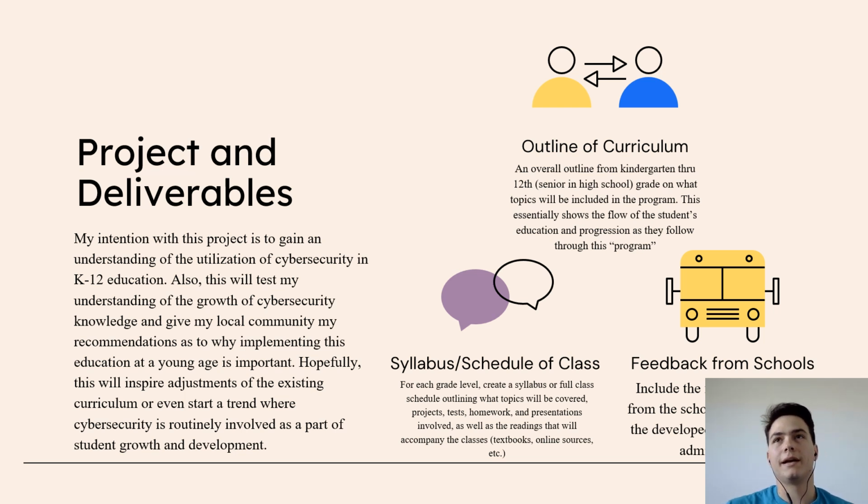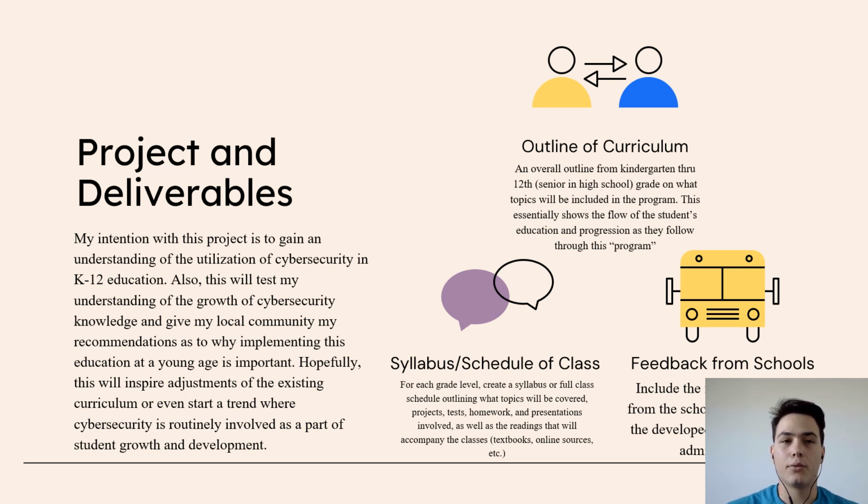Then I'll develop a syllabus that goes through: week 1, we're going to do this; week 2, this is the topic; week 3, this is the topic. Kind of like how our Canvas classes are broken down week by week: this is what we're going to be learning this week, this is the topic, and how it builds, plus homework assignments, textbook assigned readings, that sort of thing. So I'll do that for each one of the classes.